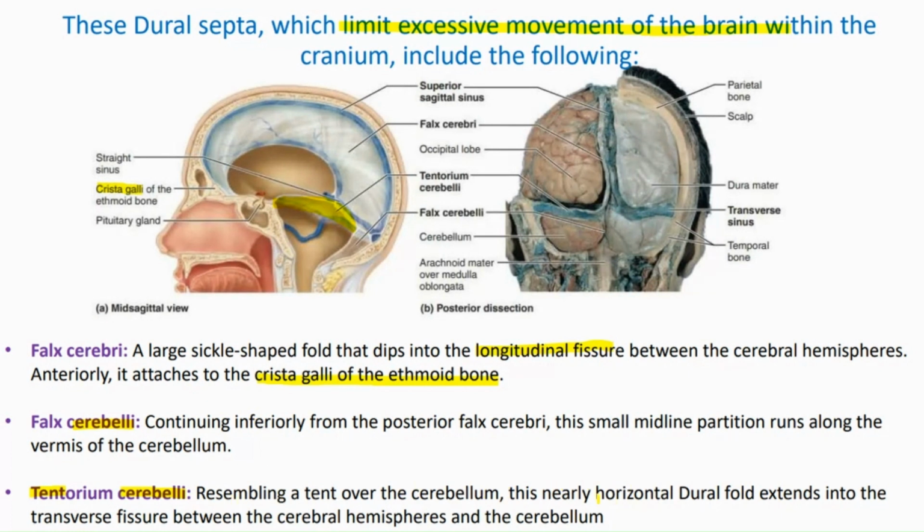This nearly horizontal dural fold extends into the transverse fissure between the cerebral hemispheres and the cerebellum. So here, in the transverse fissure in between, we will have the tentorium cerebelli. Remember, these are formed by the meningeal layer of the dura mater.